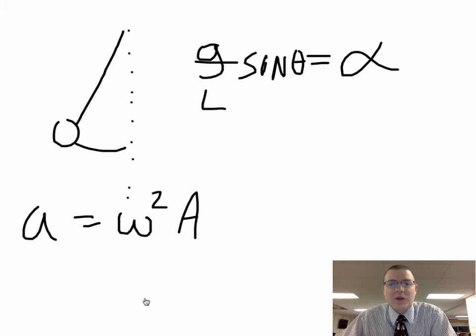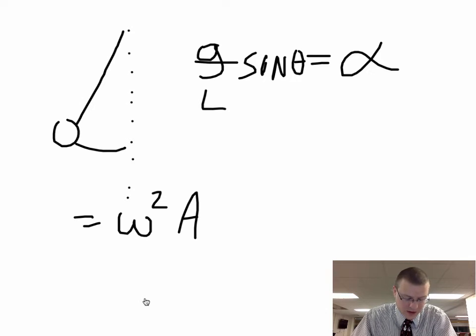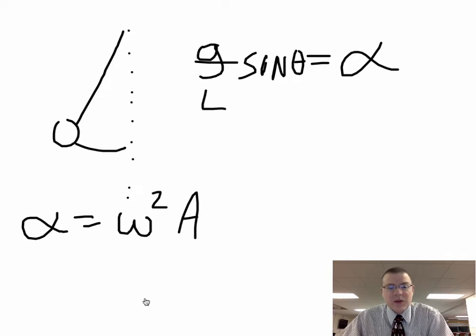So just like we did for the spring mass system, we can set these two accelerations equal to each other. And I know I have regular acceleration there, but regular acceleration or angular acceleration for something in simple harmonic motion would still be the same. It'd be omega squared A times cosine of some function if I wanted to stretch out my whole thing. But all I'm caring about here is the maximum acceleration.